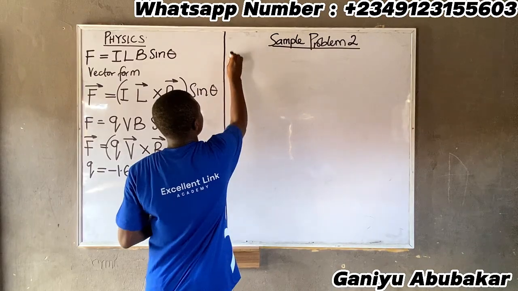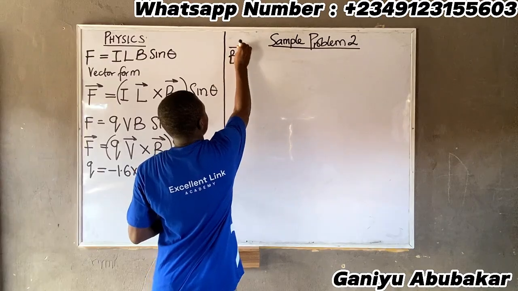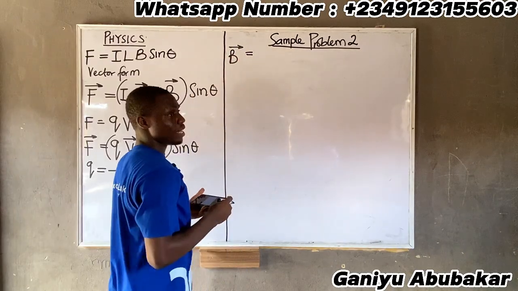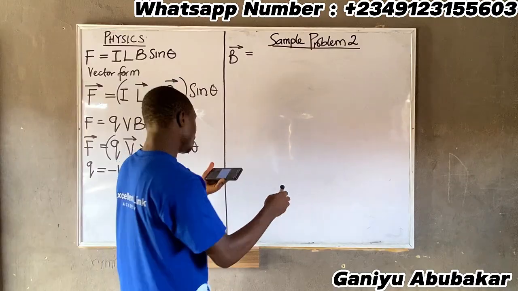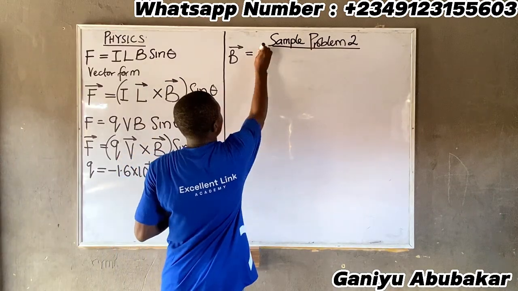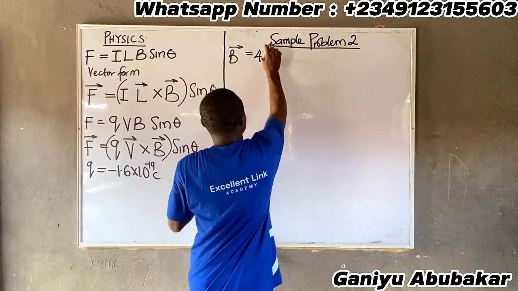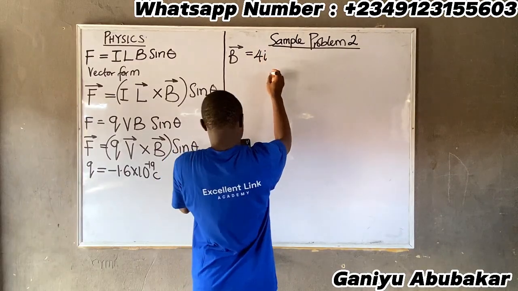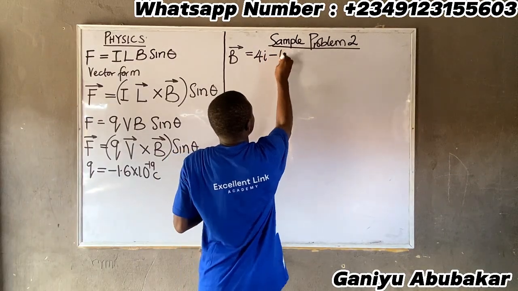I'm given B, of course, in vector form, because that value was in vector form. That's the IJK concept, right? B is equal to 4I, of course, minus 11J.